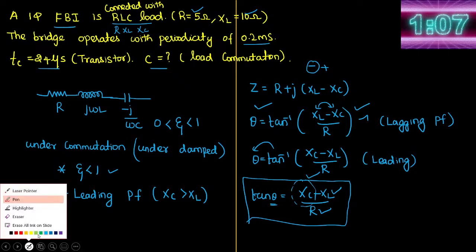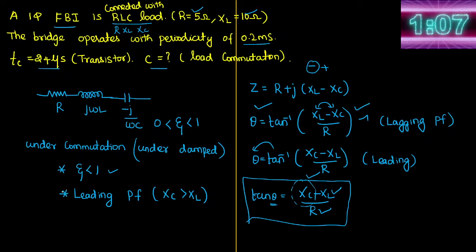Let me tell you. First of all, if you observe the question carefully, the bridge is being operated with the periodicity of 0.2 millisecond. Periodicity means what? It is the complete time period of one cycle, 360 degree.